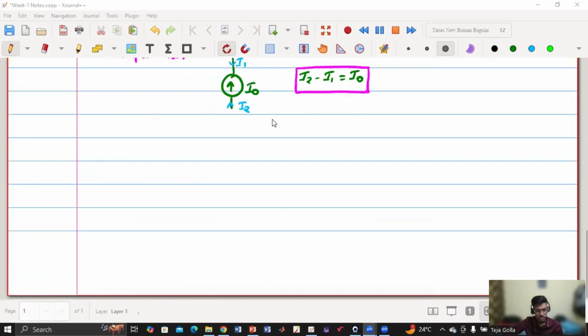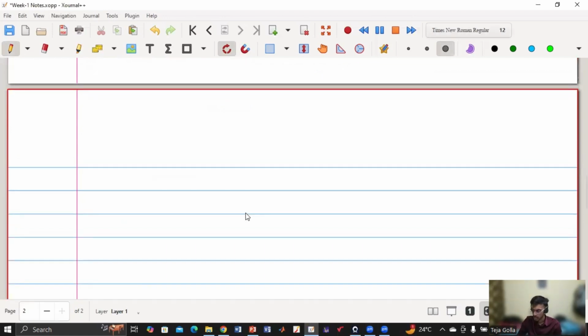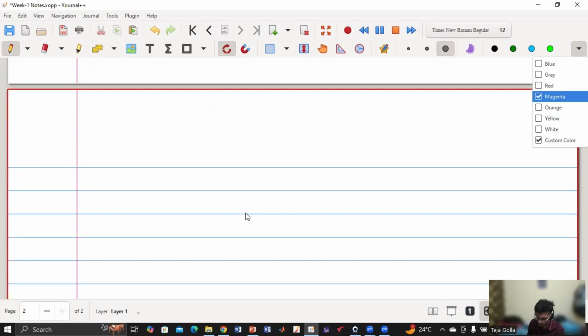Okay, so let us solve one problem from the mesh analysis that sir has considered. So let me draw the circuit. You should be solving before me. It's not that I will tell you how to solve, but it should be the other way around.